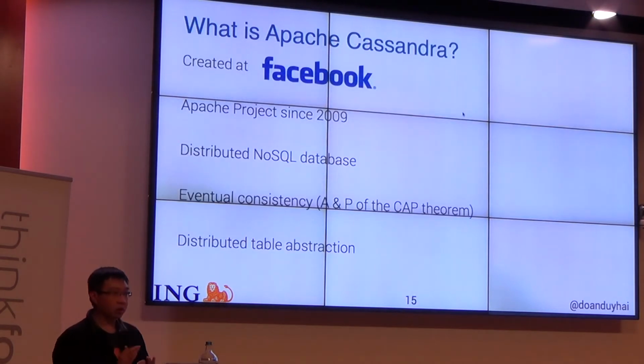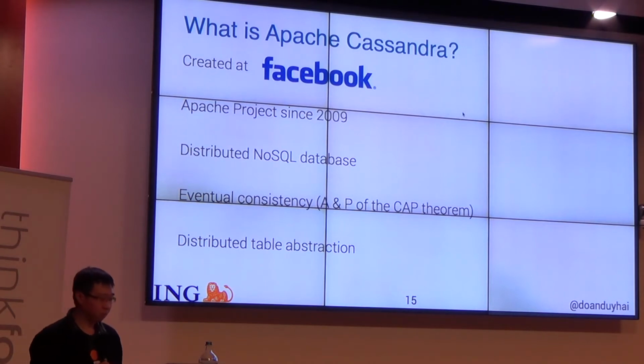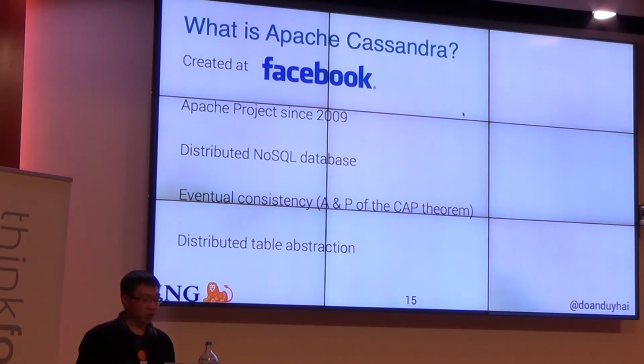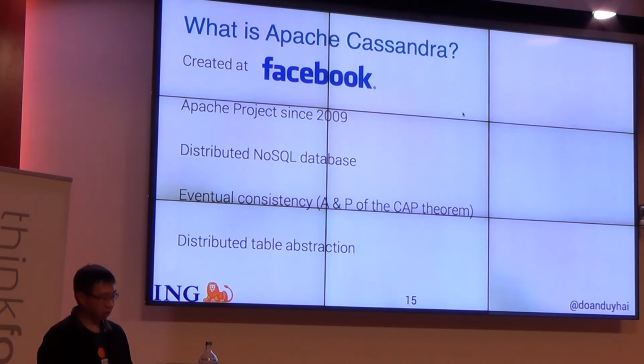A very quick introduction to Apache Cassandra for people who don't know. The project was created at Facebook. This database is a NoSQL database, of course, and it is an AP database.